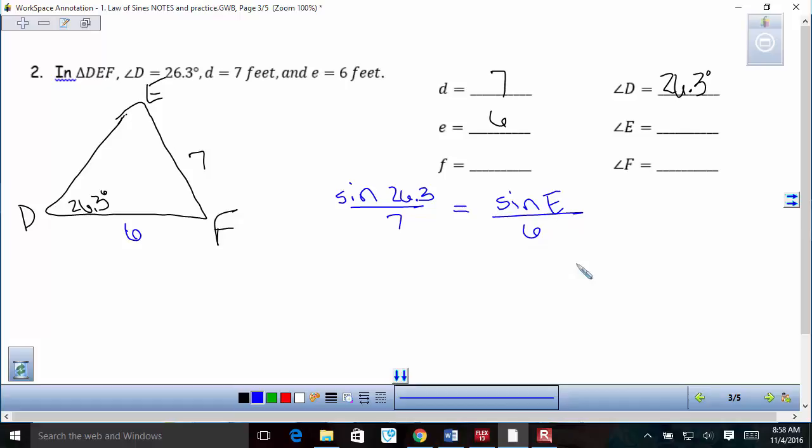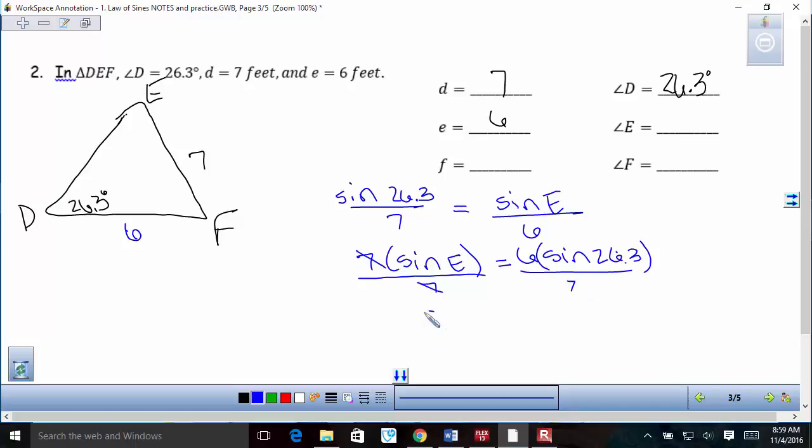All right, let's cross multiply. Divide by 7. Do that in your calculator, and you're probably going to get something weird, but that's okay.